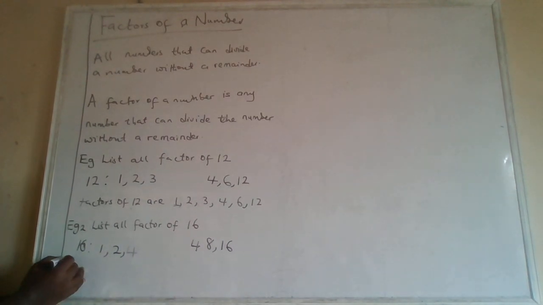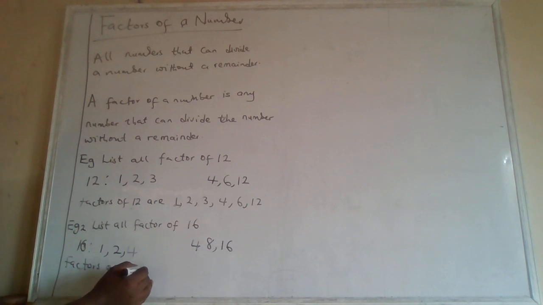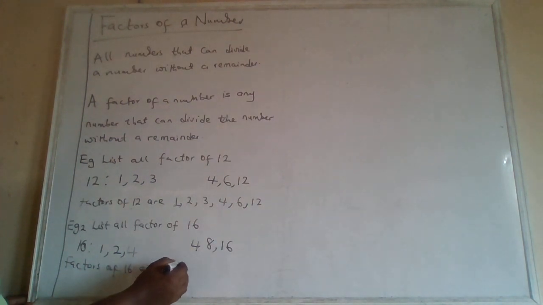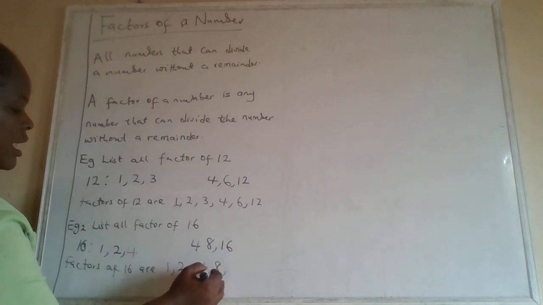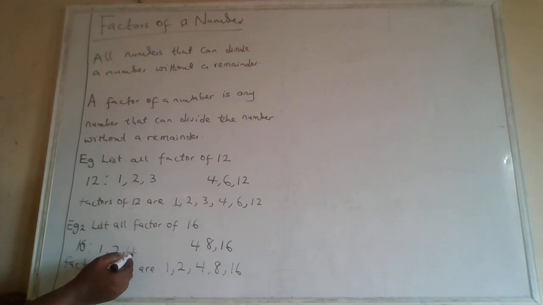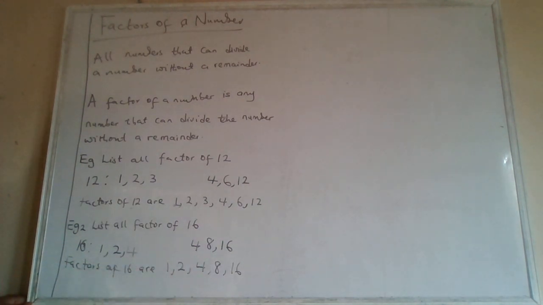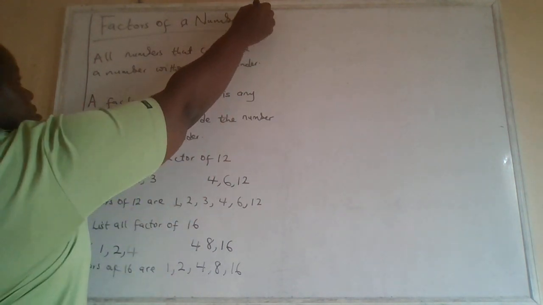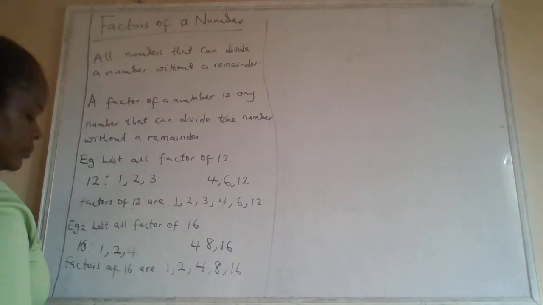So the factors of 16 are 1, 2, 4, 8, and 16. Now notice how I avoided repeating 4 because it is of no use to us to write it so many times.